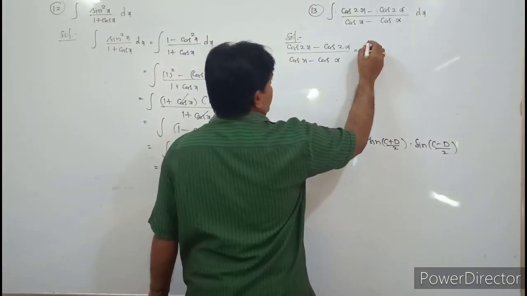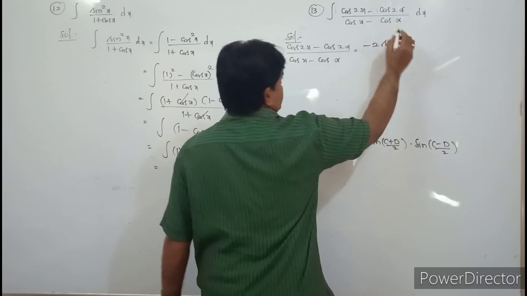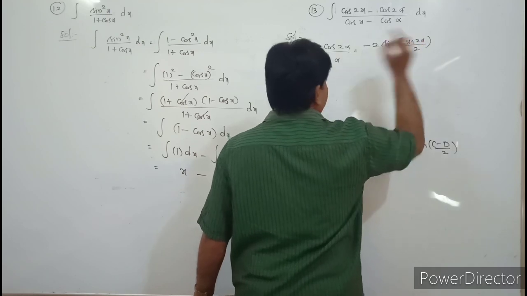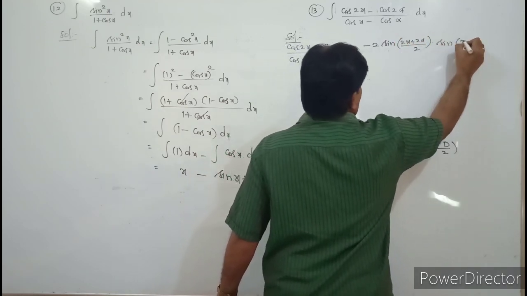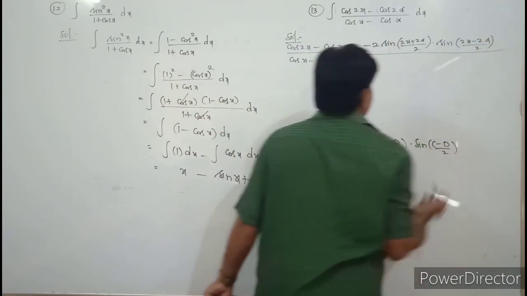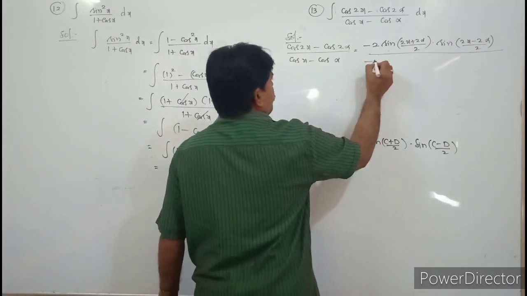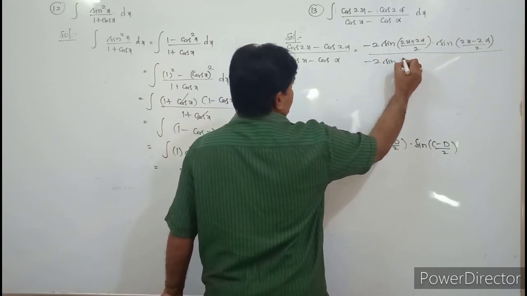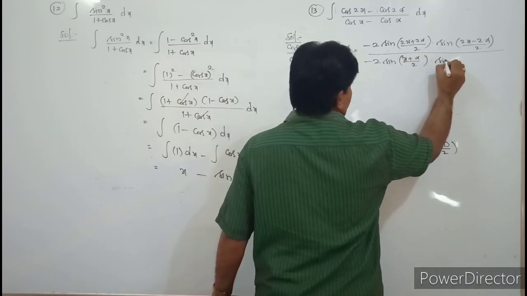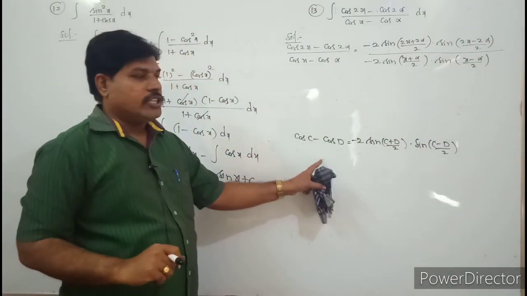In the numerator it is minus 2 into sin of 2x plus 2 alpha by 2 into sin of 2x minus 2 alpha by 2. In the denominator also it is in the same form, cos c minus cos d. Once again the formula: minus 2 into sin of x plus alpha by 2 into sin of x minus alpha by 2. Write down this formula.